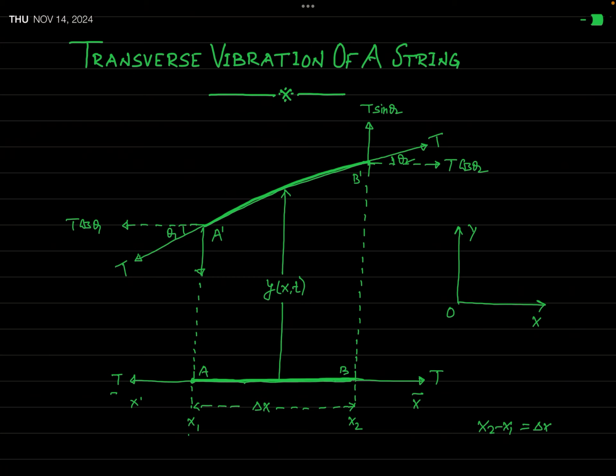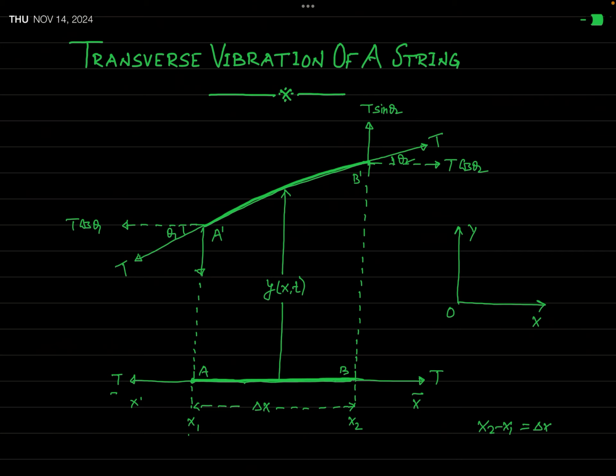Okay, actually in general you can say that at the displaced position the string will not remain straight, but when the element is displaced along the y-axis to a new position A dash B dash, this element is no longer exactly straight, but it has a slight curvature and the tension is tangential to the curve, as you can see.